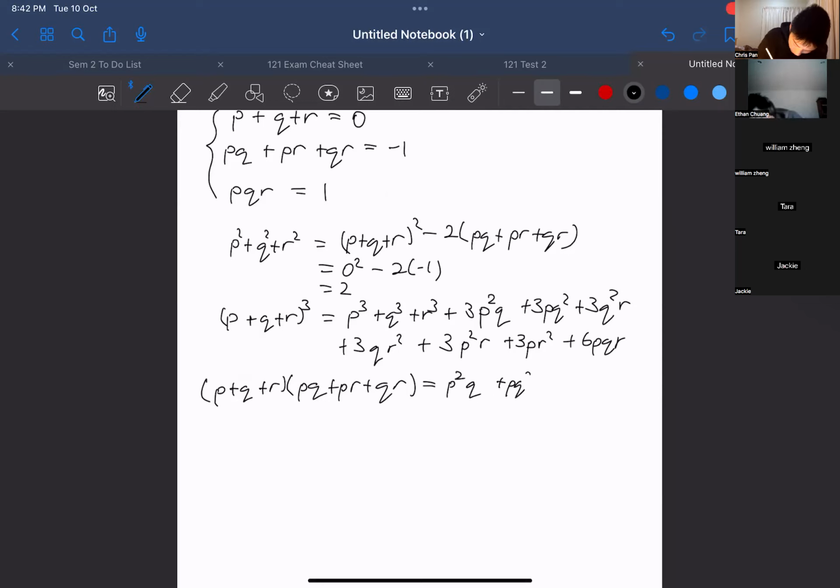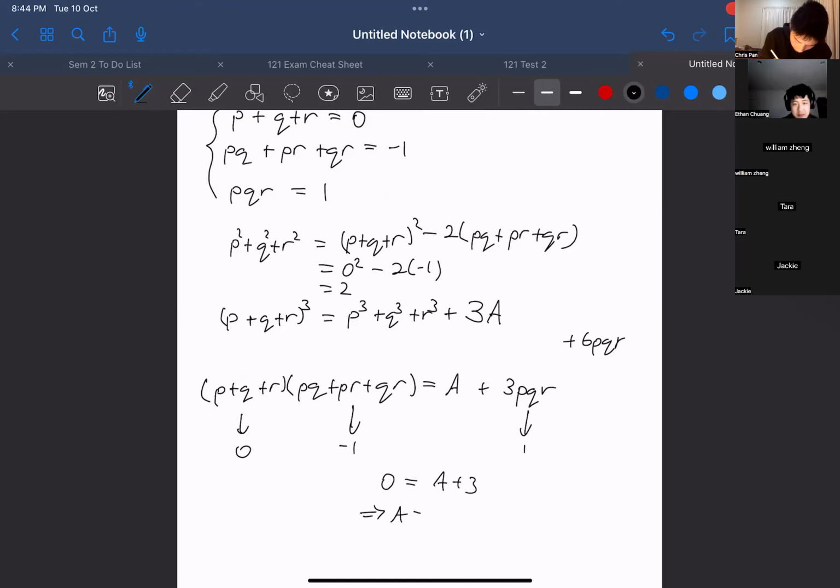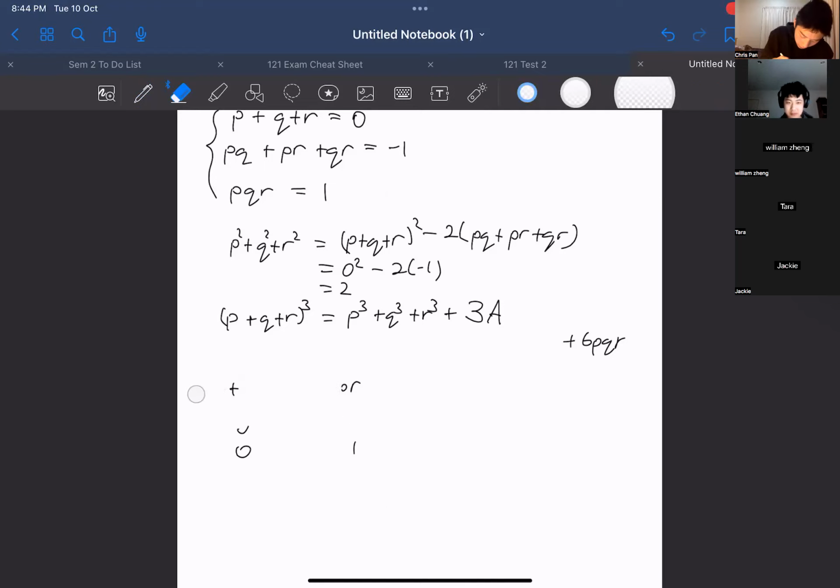We know p plus q plus r is 0, times negative 1, which is 1. So you get 0 equals A plus 3, so A is equal to negative 3. We can finally substitute that back into here. This 0 cubed is equal to p cubed plus q cubed plus r cubed plus 3 times negative 3 plus 6 times 1.